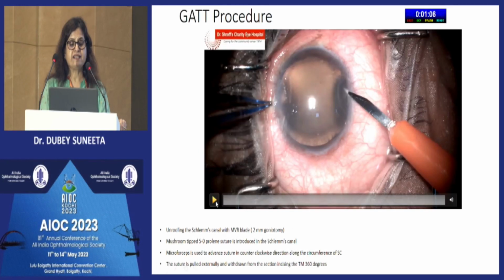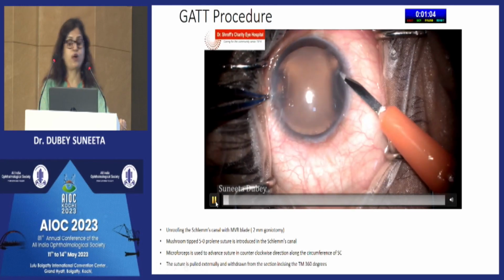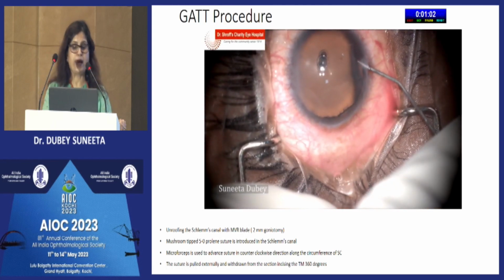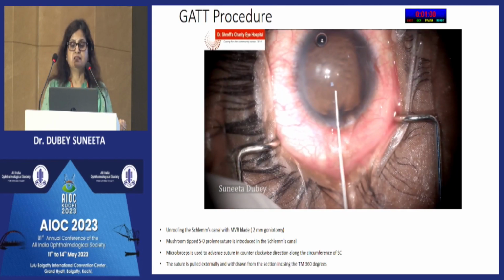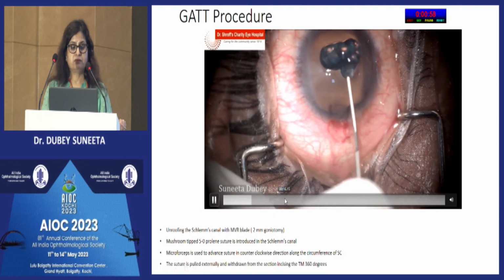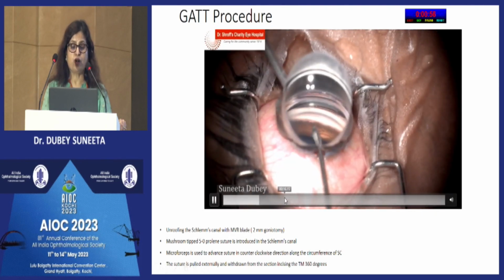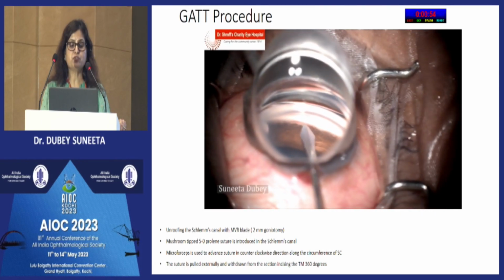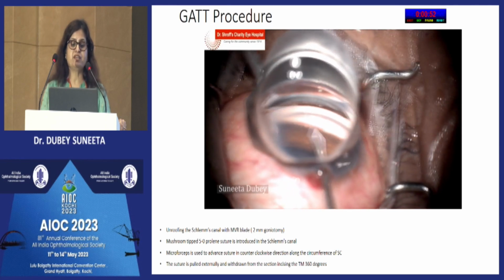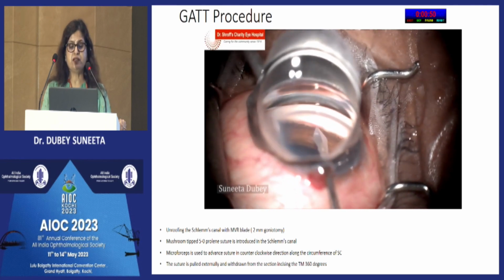As far as GAT is concerned, again, there are certain points which you need to keep in mind. A 2 millimeter goniotomy should be done. The goniotomy should not be very big, otherwise it will be difficult to insert the proline suture.